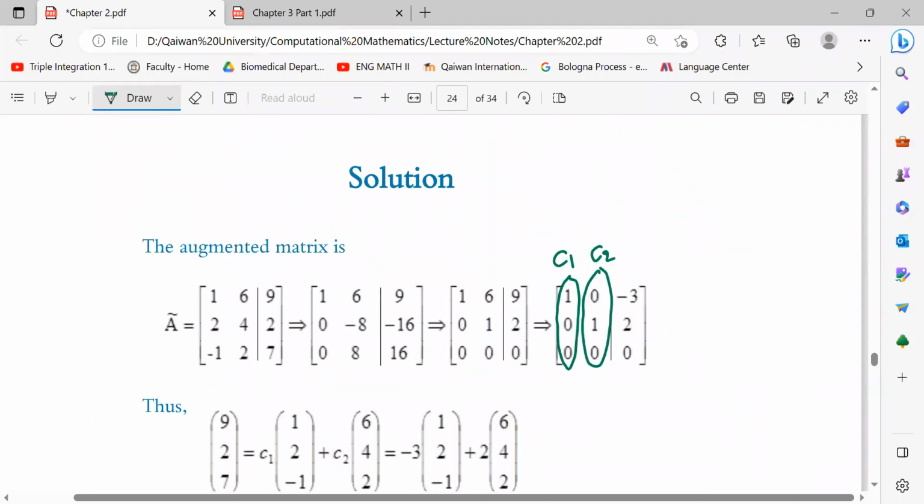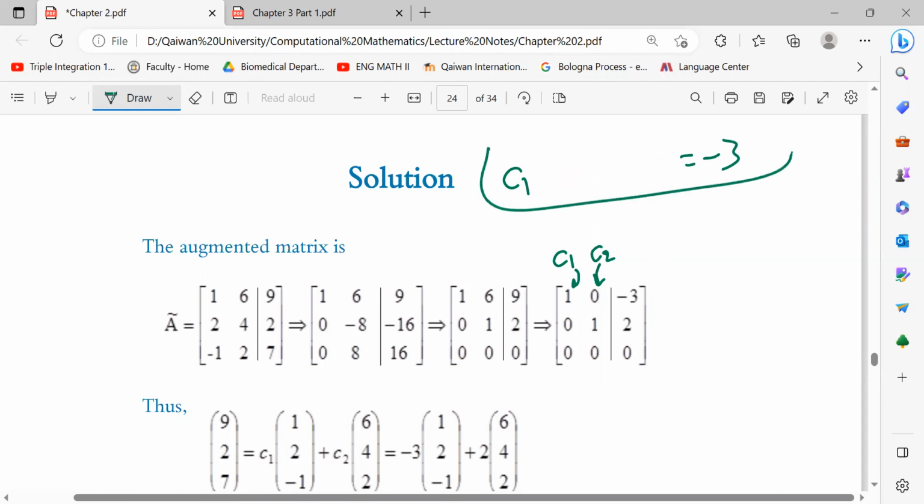Now we say, C1 times 1 is equal to what? It's -3. We say C1 times 1 plus C2 times 0. This times this plus this times this must be -3. How to get C1 here? C2 times 0 is still 0, and C1 times 1 is C1.